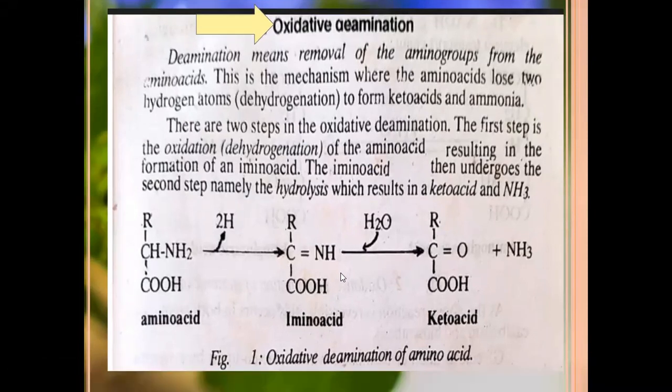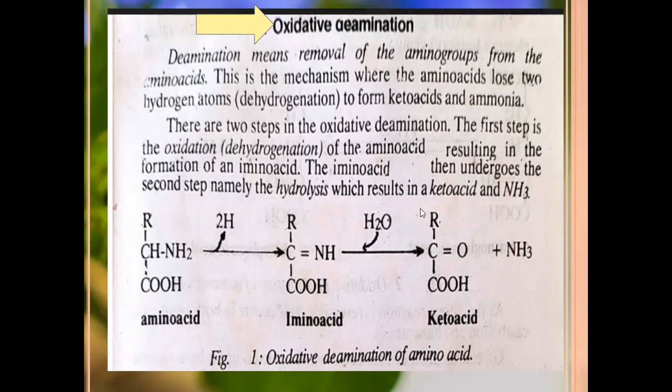Here it is, the imino acid again participates in hydrolysis. The imino group of the imino acid participates in hydrolysis to form a keto acid, and the ammonia group is eliminated from the amino acid.